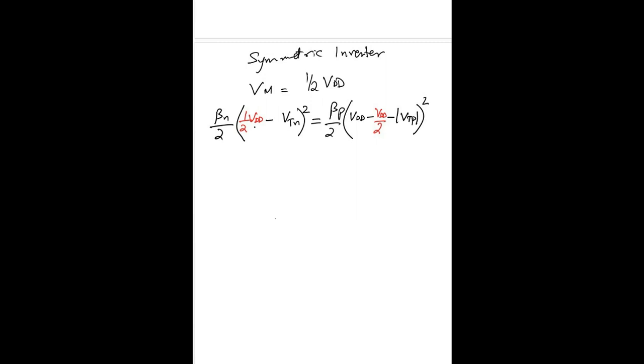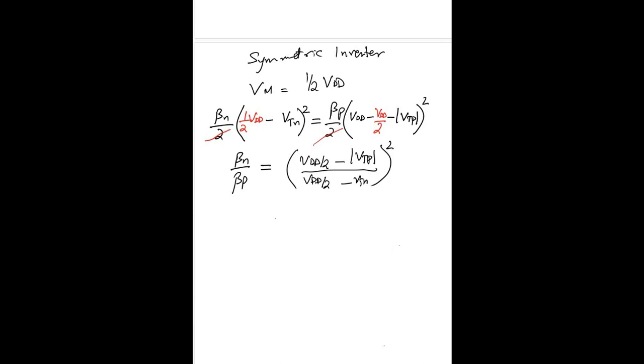If I solve this expression for the beta n and beta p ratio, beta n by beta p, the 2 cancels out, and beta n by beta p will be equal to VDD by 2 minus VTP divided by VDD by 2 minus VTN, whole square as well.